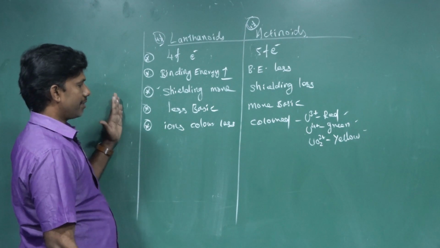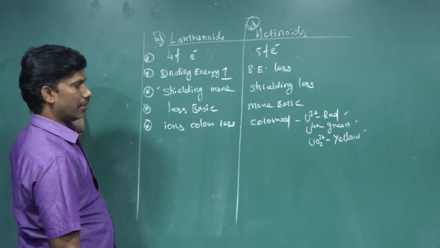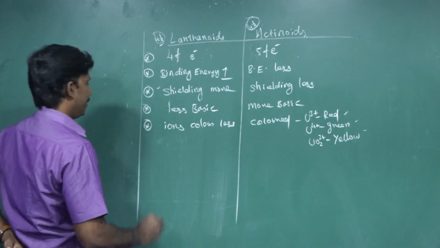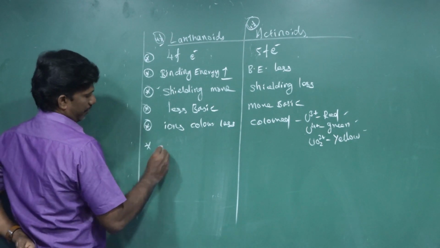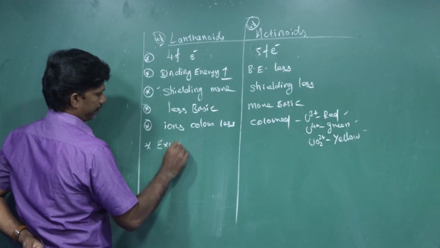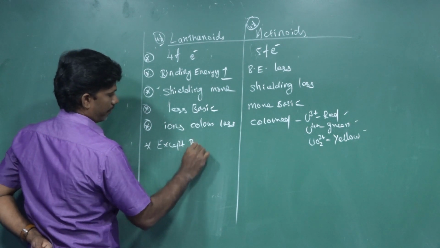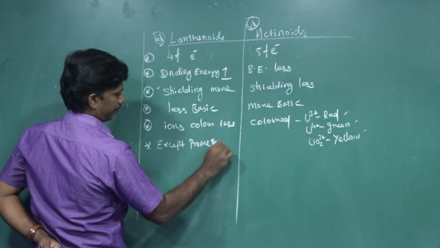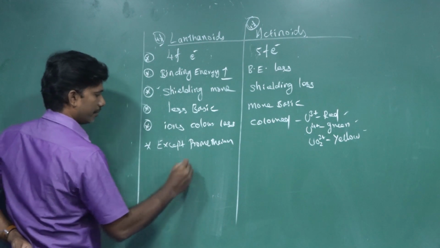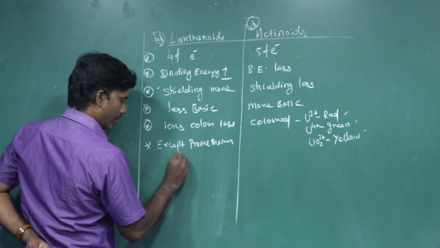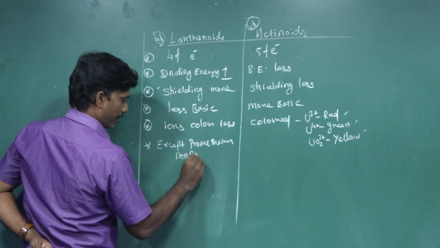Whereas the ions of lanthanide compounds are colorless, the actinide ions are colored. Except promethium, all lanthanides are non-radioactive.